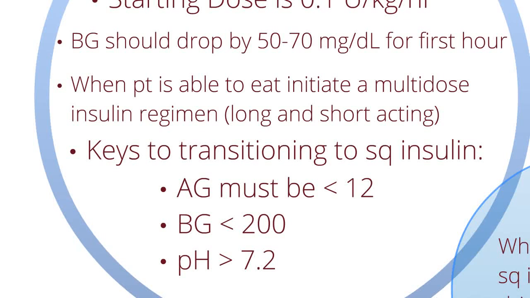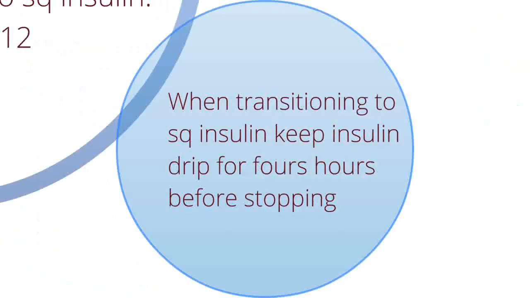Now, when transitioning from insulin drip to sub-Q insulin, you have to realize that these long-acting insulins have an onset of action that extends about 2 to 3 hours from when they begin to work.